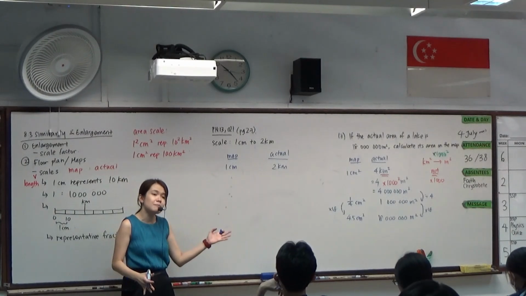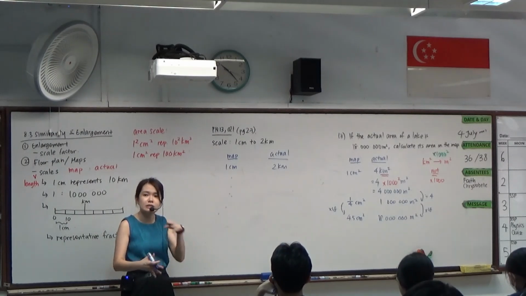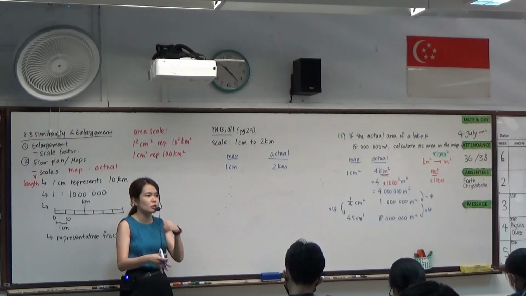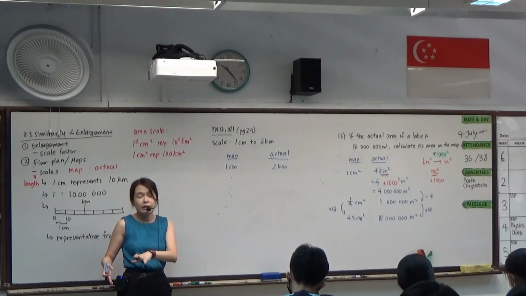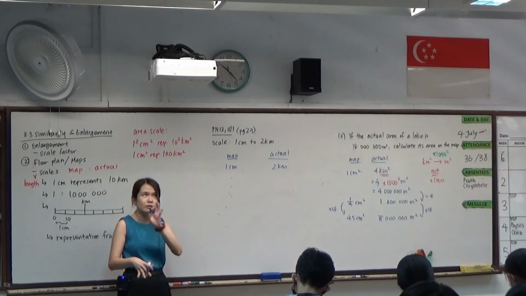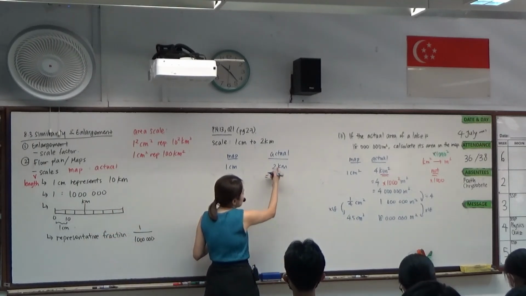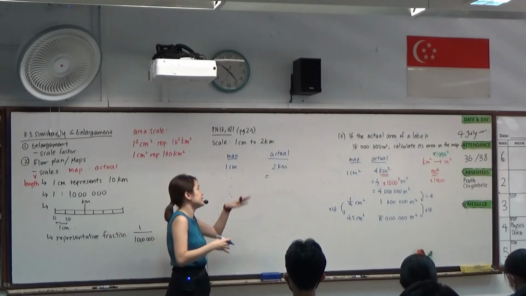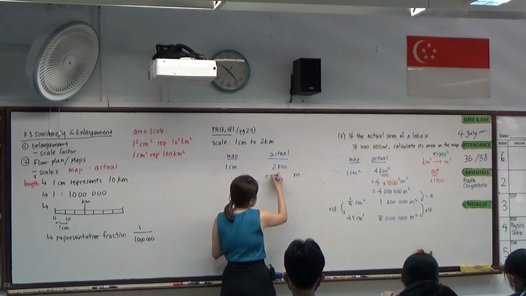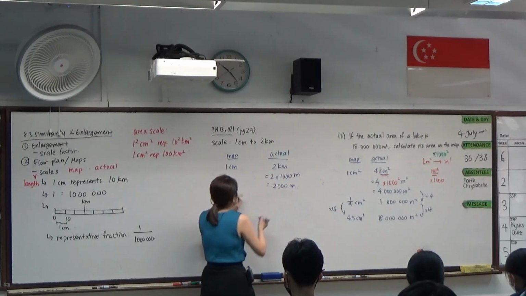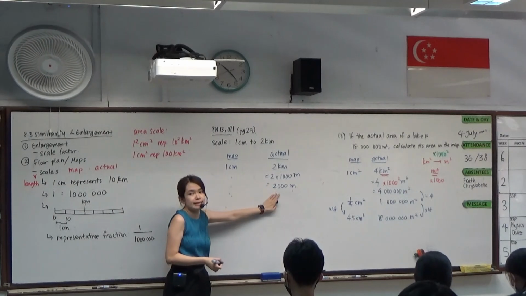It is not that simple when it comes to kilometer squared, meter squared, centimeter squared. Neither is it going to be simple for kilometer cubed, meter cubed, centimeter cubed. In fact, you'll do that next year in secondary school. So what you can do, with the confidence that kilometer to meter is times 1,000, is that 1 cm represents 2,000 meters.